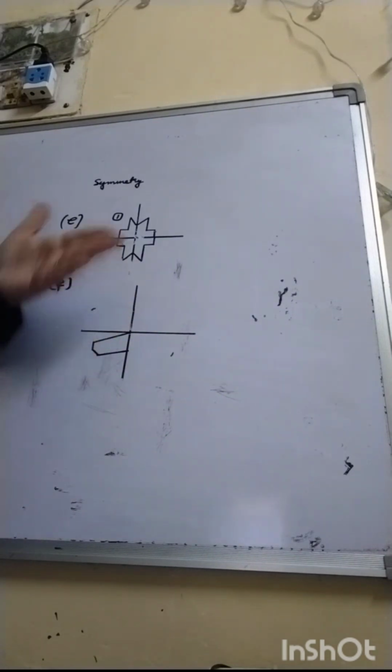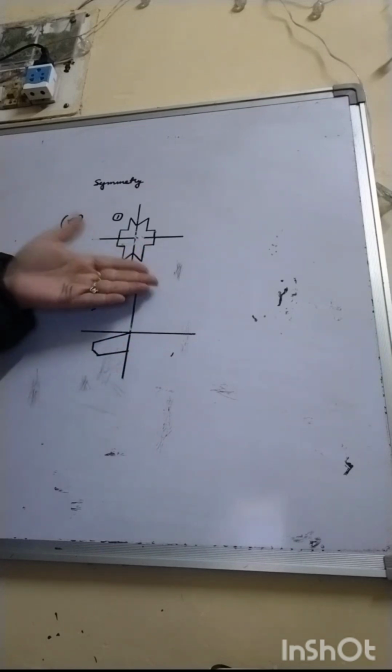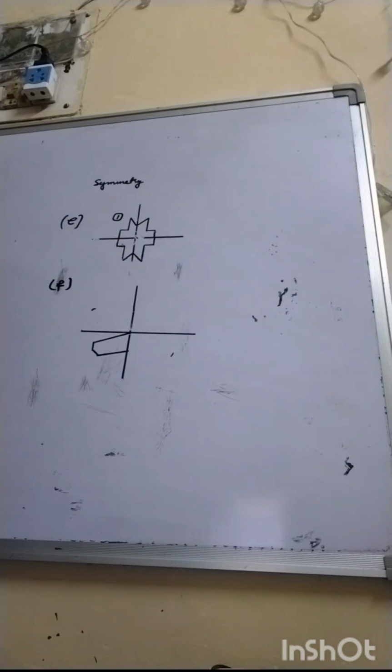Now to have a horizontal symmetry, if you fold the paper horizontally and overlap this, how should the figure look?